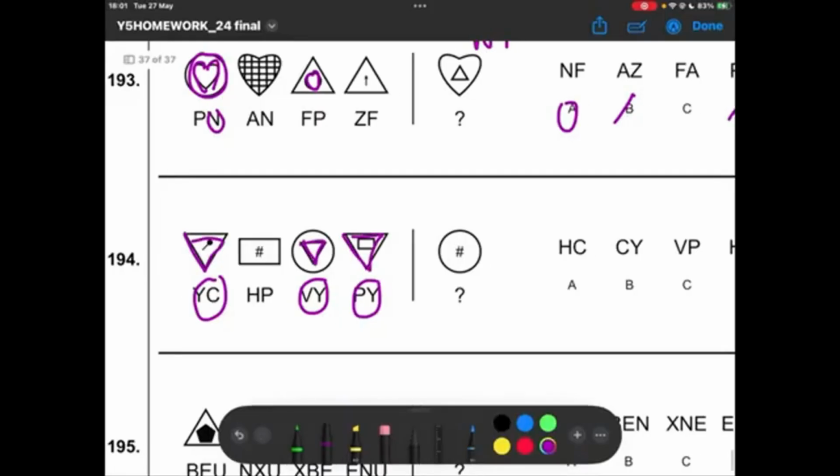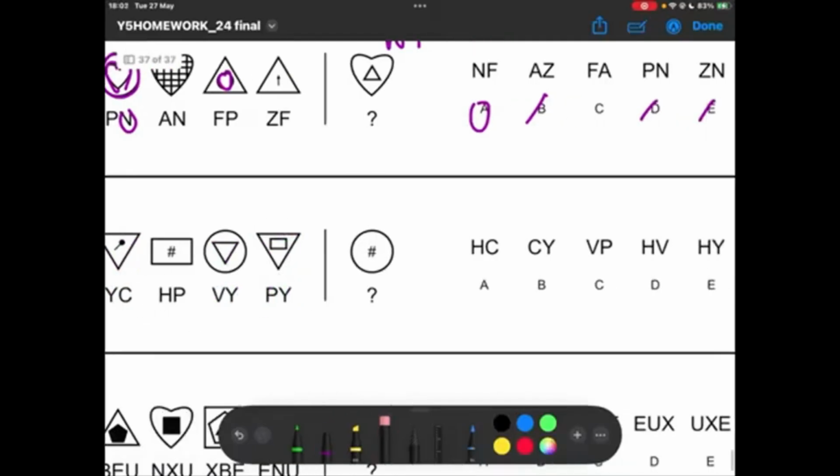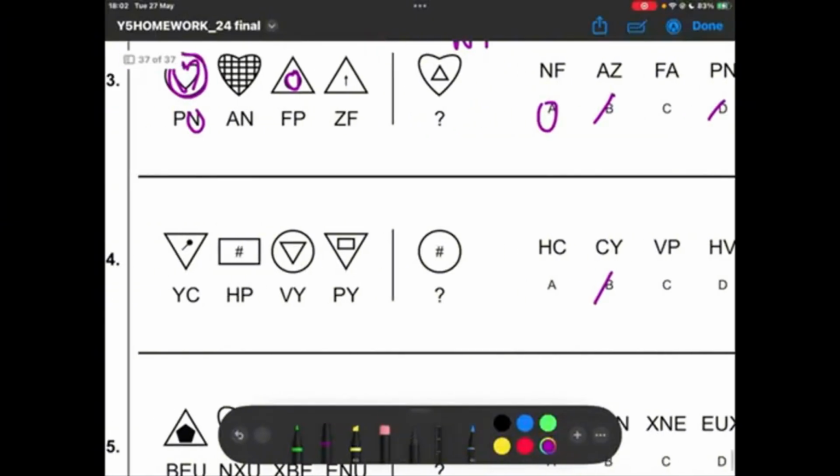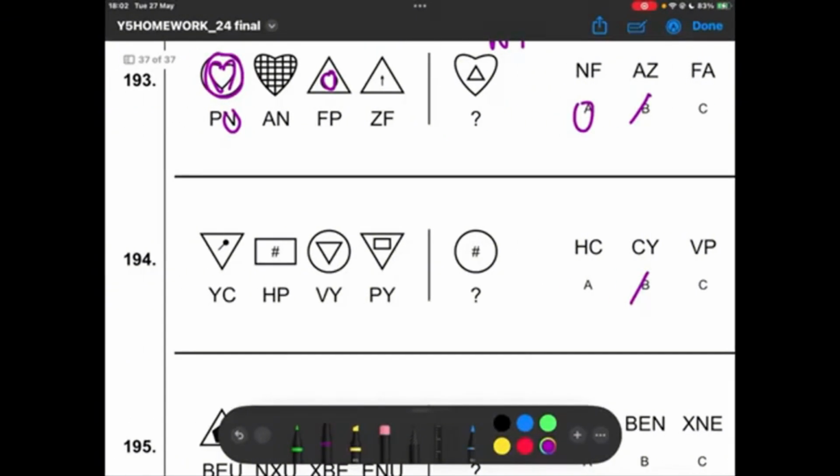The test shape doesn't have a triangle, so it mustn't have a Y in it, so we can rule out all the ones with a Y. So it must have an H or a P. I'm assuming it's the H, that means the hashtag.